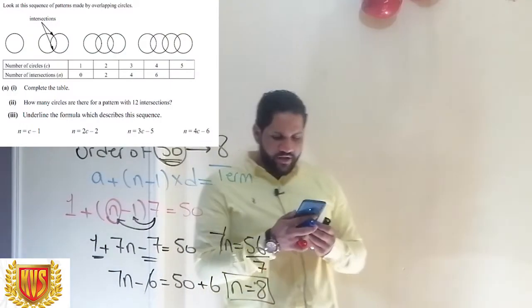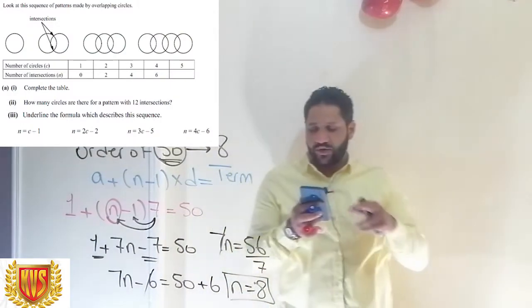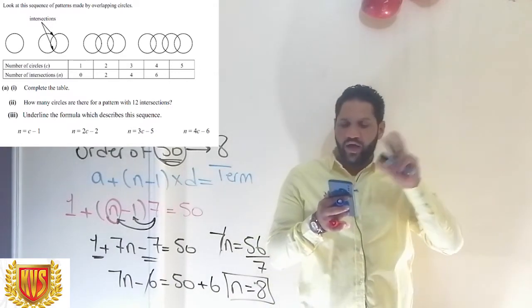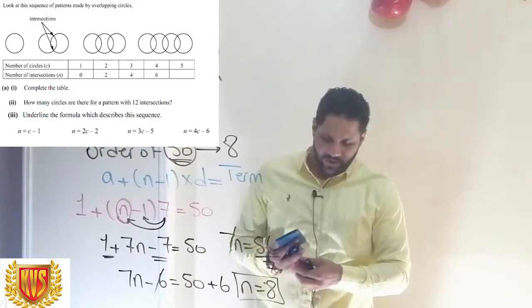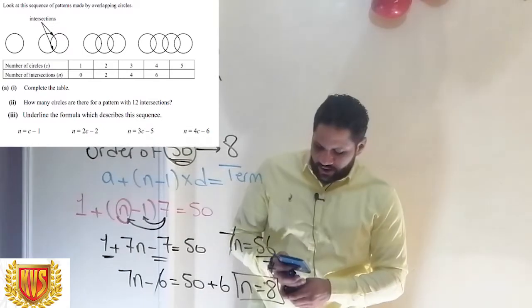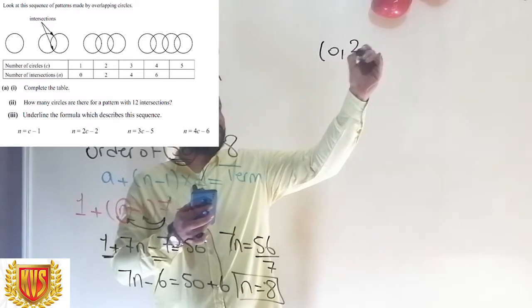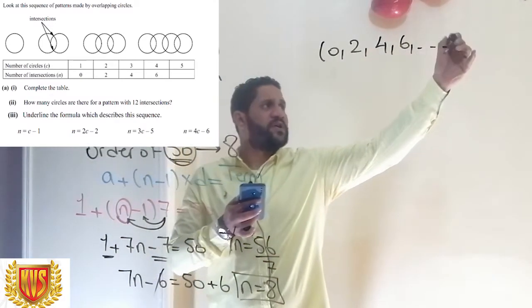Let's look at question 2. He gives me a sequence of patterns made of overlapping circles. As you can see, the first time I have a circle. The second time I have two circles, and I have two intersections. Then he asked me, when I have 5 circles, what's going to happen? Okay, I can see that the sequence is going like this: 0, then 2, then 4, then 6, and so on.